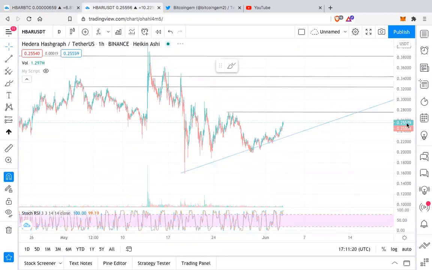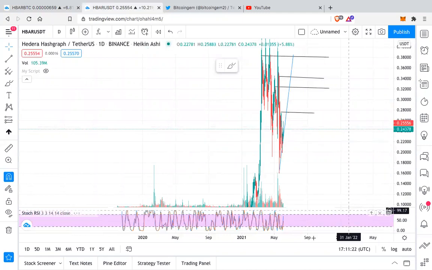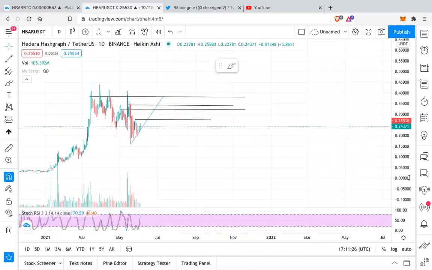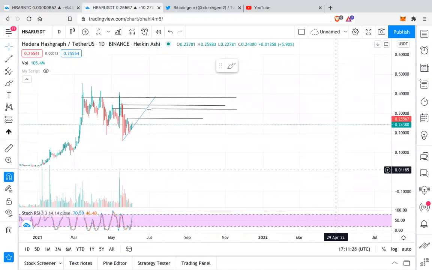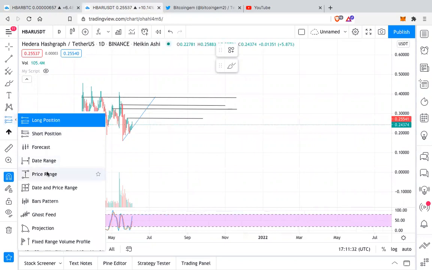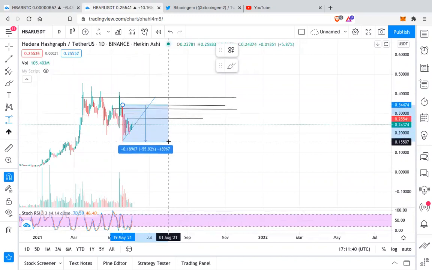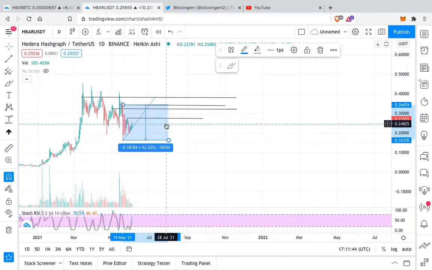If you look at the daily chart, then on the daily chart, if we look at the entire correction, this is on 14th May, 19th May, it was here. So from here till the dip, it was around a 53-54% correction.